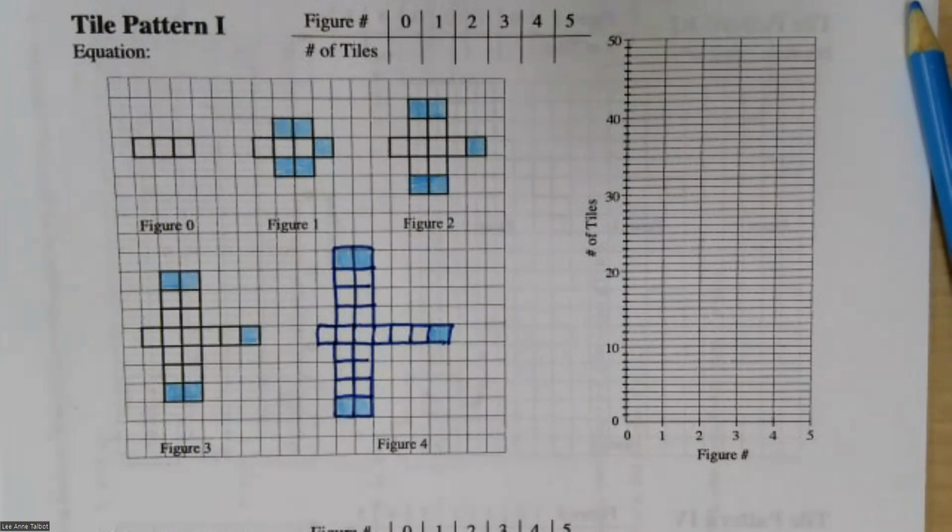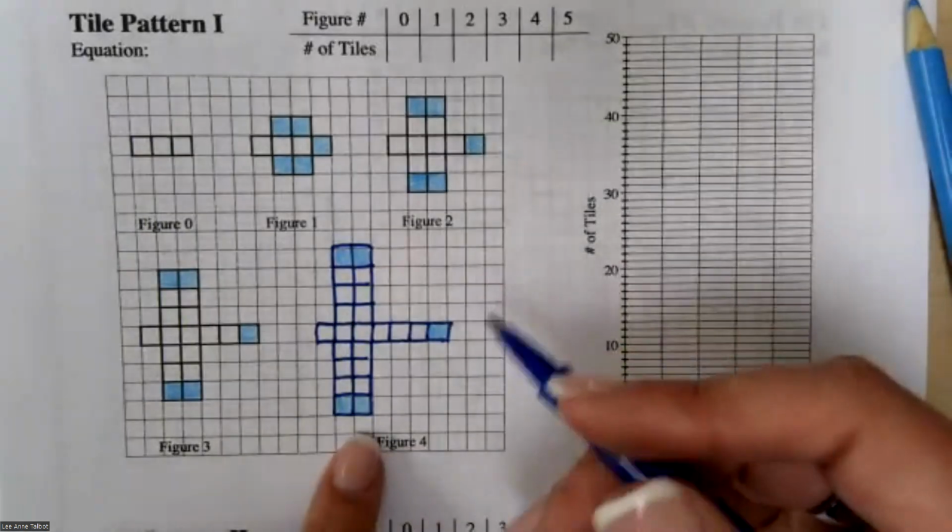Okay, any questions about how I got figure 4 or about why I shaded what? Anything, you're good? Okay, so now we're going to describe what's happening. How many tiles are getting added each time? 5.